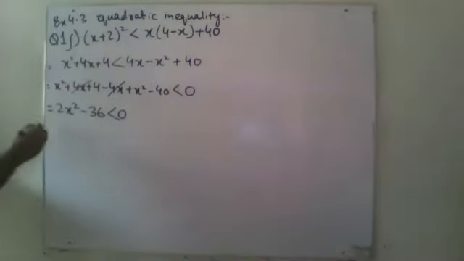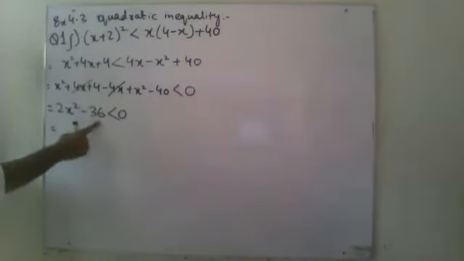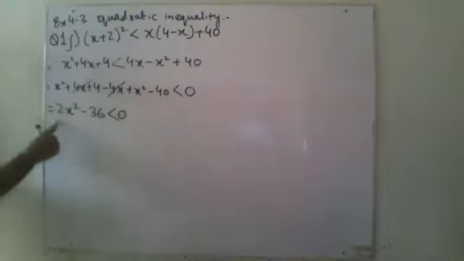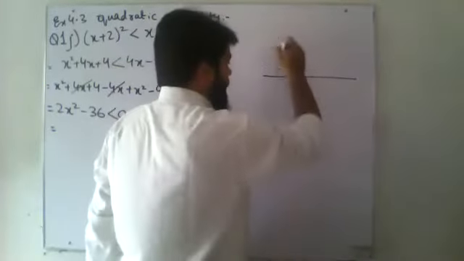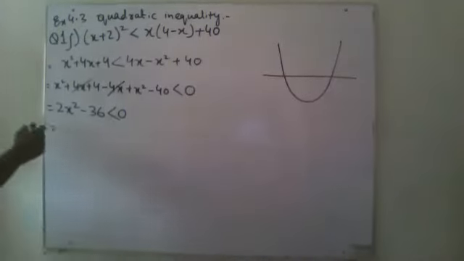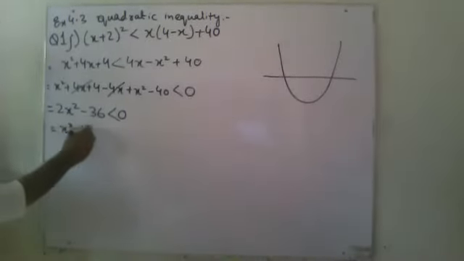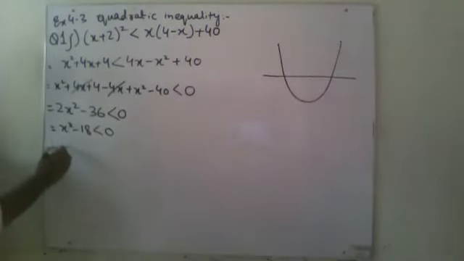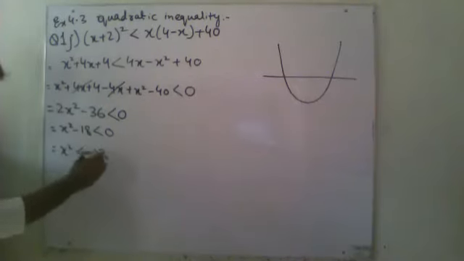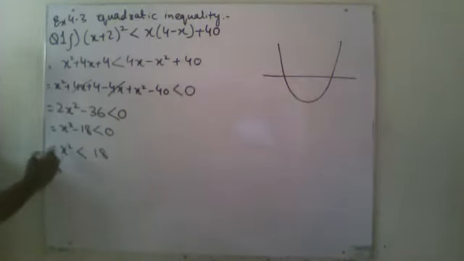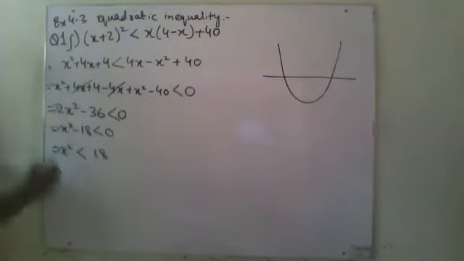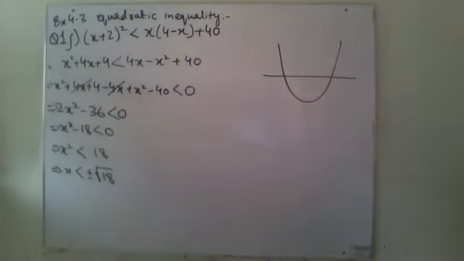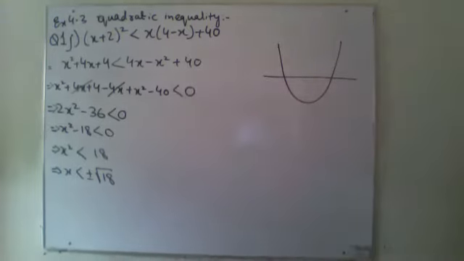Now, 2 can be taken common, and even if I am not taking it common, the coefficient of x square is positive 2. It means I will have a curve like this. Right? I can take 2 common, so it will become x square minus 18 is lesser than 0. Right? Simplifying it, x square lesser than 18. So x will be plus minus under root 18. Okay?